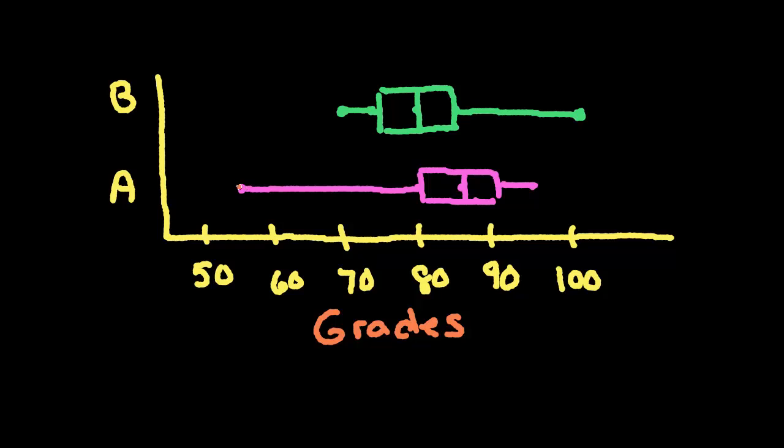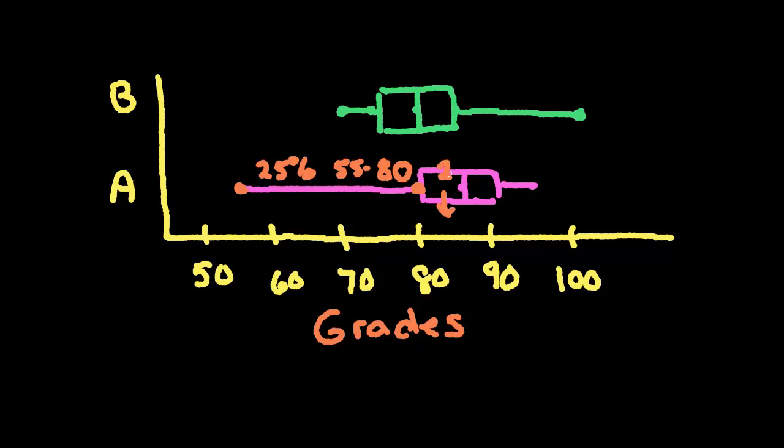So 25% of the class in class A scored between a 55 and an 80. So 25% of the class, a quarter of the class, got between a 55 and an 80. Then we have 25% here.